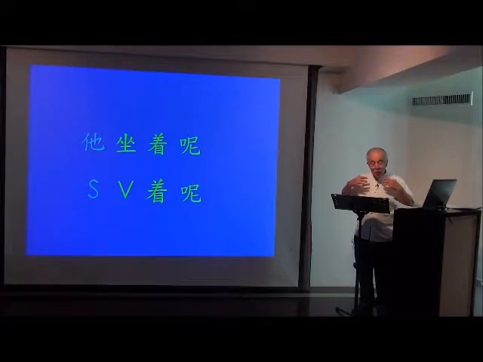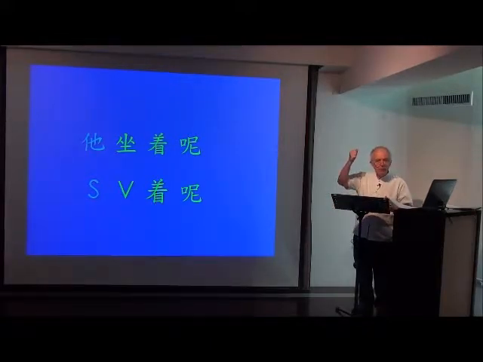他在穿, he is putting on, whereas 他穿着, he is wearing. So he is putting on is an active action, whereas 穿着, although an action verb, is a static state. Okay? 他在拿, he is actively picking up.